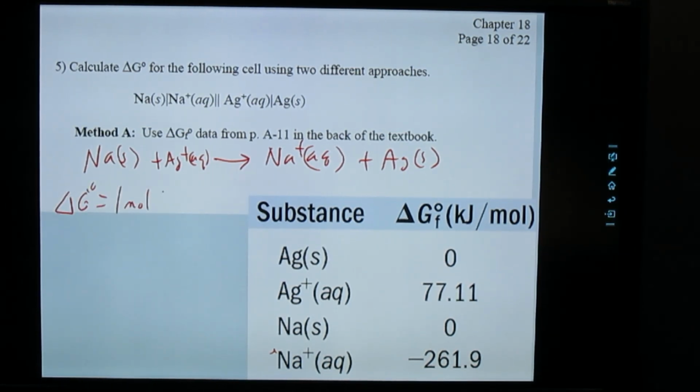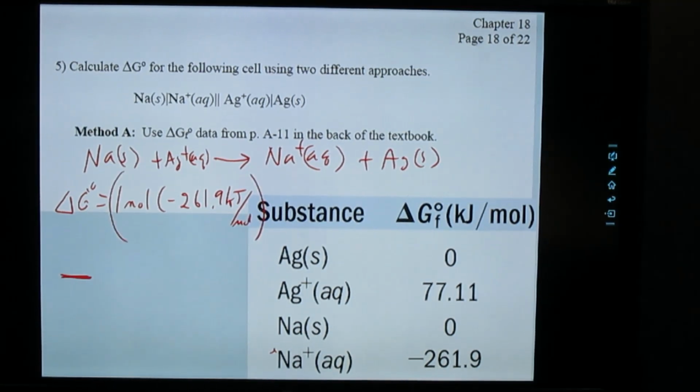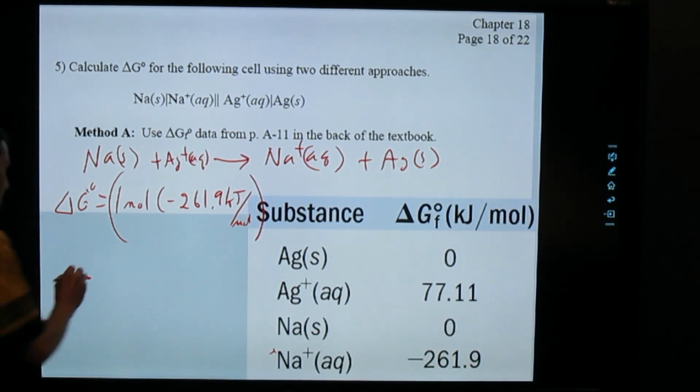Keep all my units on there. It's going to be negative 1 mole times negative 261.9 kilojoules per mole. That's the products of this. Reactant side.